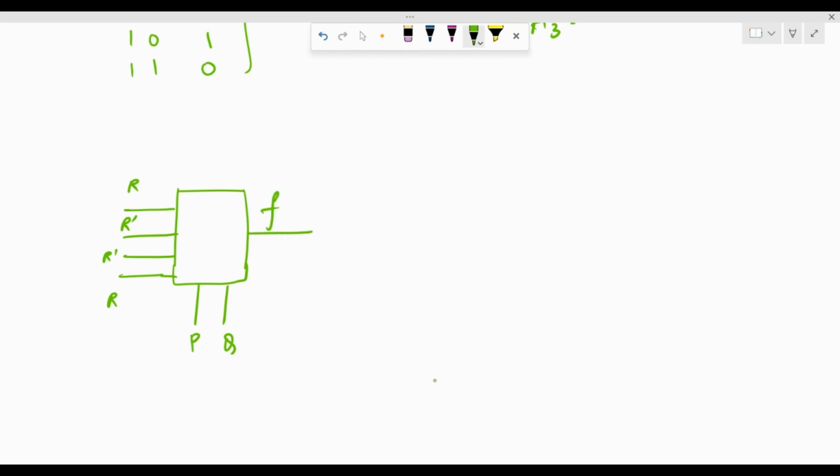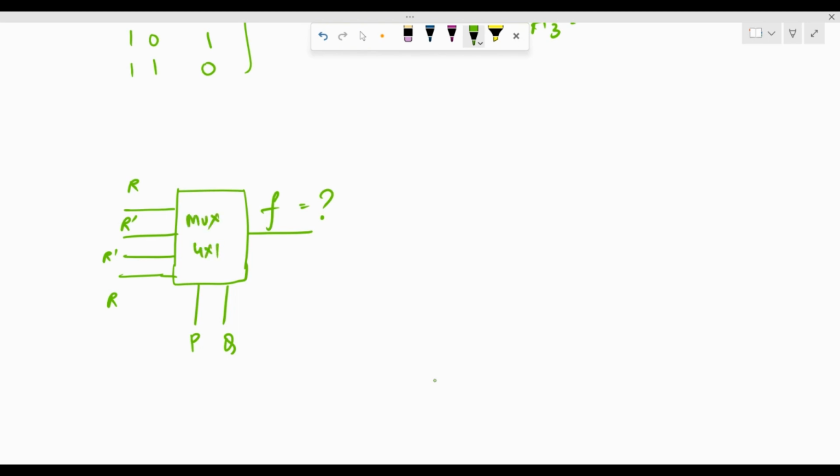So we have to find out the value of F for this particular combination. They've given us four options, and we have to choose the correct one.